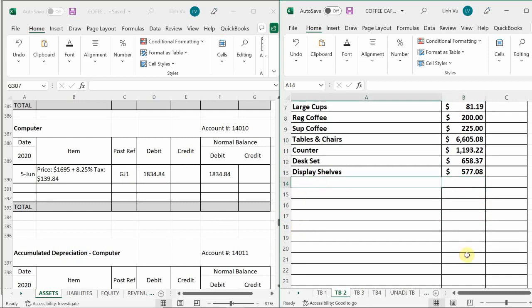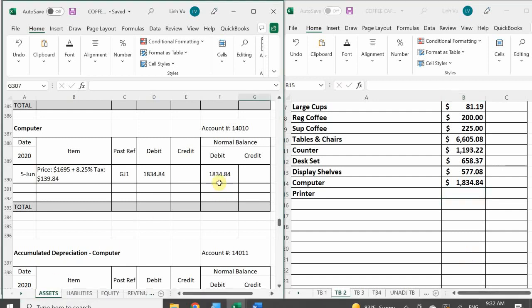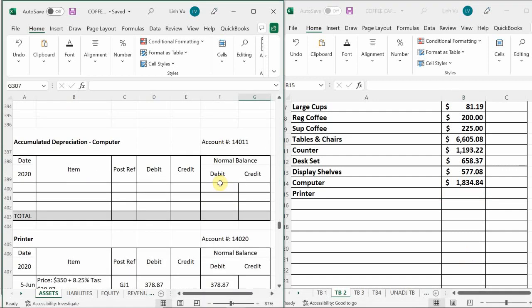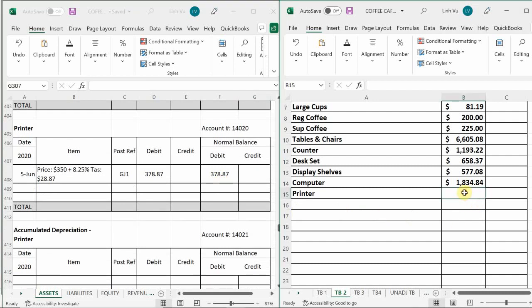We bought a computer and a printer. Okay. How much was the computer? $1,834.84. How much was your printer? $378.87.